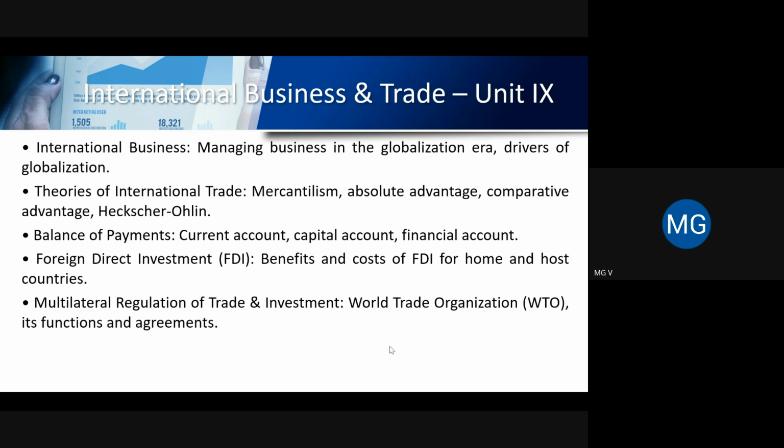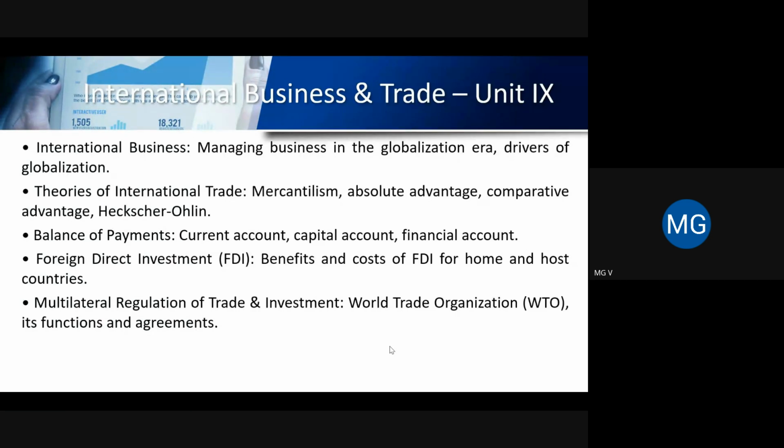Foreign direct investment, FDI, involves investing directly in a foreign country, typically by establishing a subsidiary or acquiring an existing business. FDI can bring benefits like job creation and technology transfer, but also costs like environmental impact and loss of control.